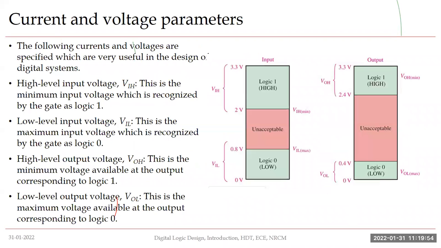The next parameter which helps us classify the logic families is the operating current and voltage parameters. The current and voltage parameters play a significant role in the sense that they will decide the power consumption.